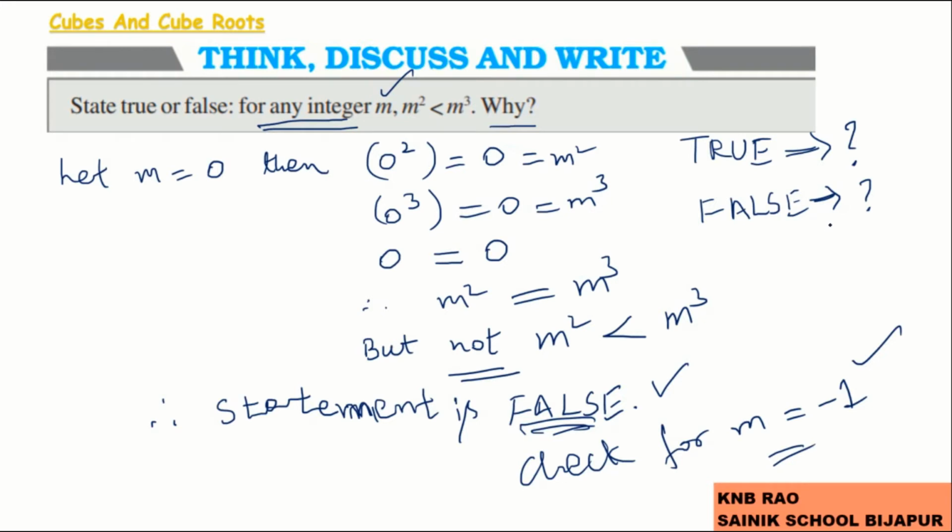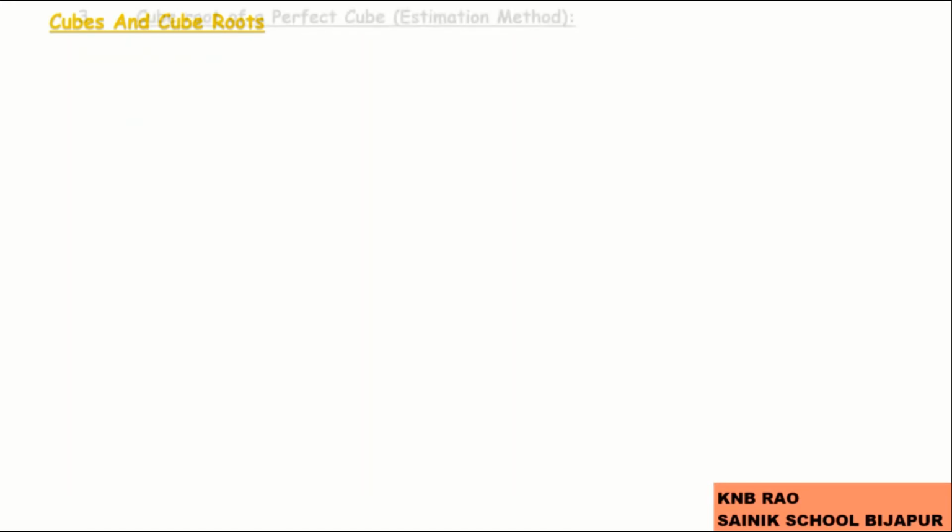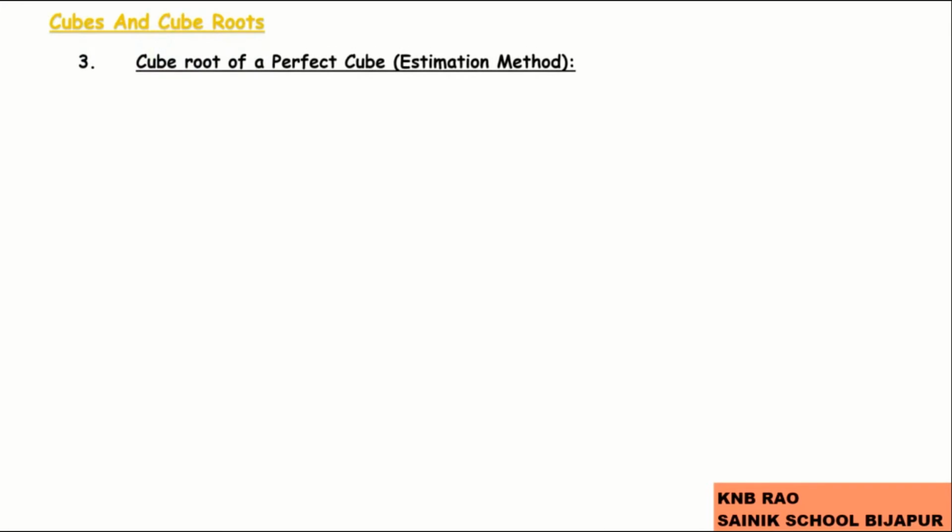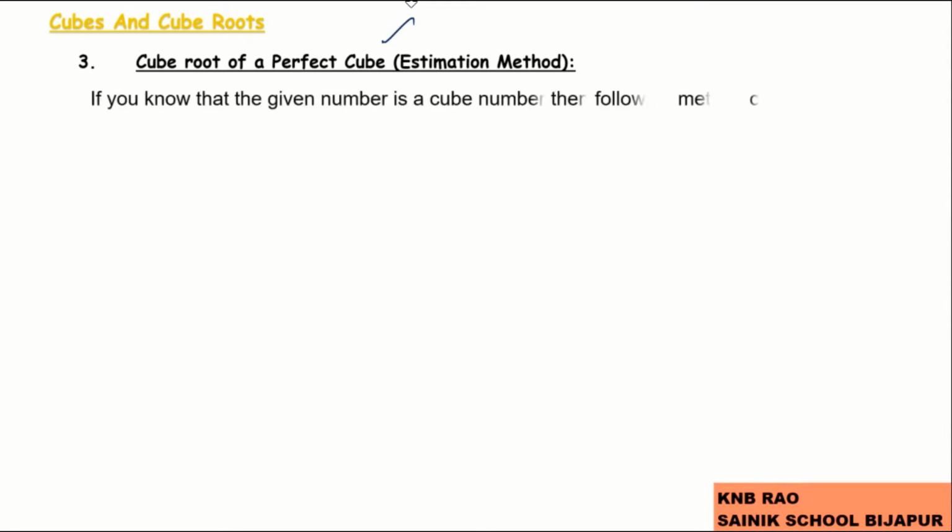Okay. So this was another homework I gave you. Now coming to the cube root of a number, not any number, it's a perfect cube. Cube root of a perfect cube, finding through the estimation method. Students, if you know that the given number is a cube number, then the following method can be used.